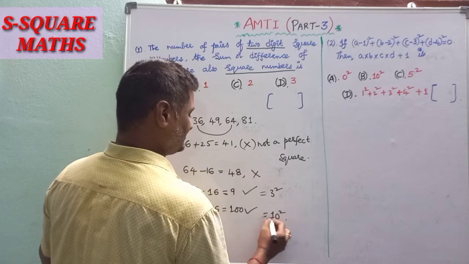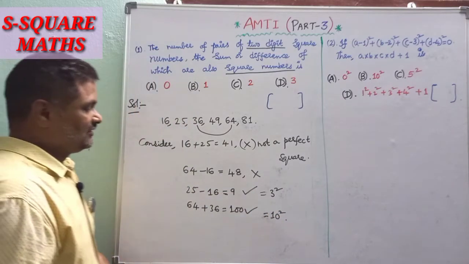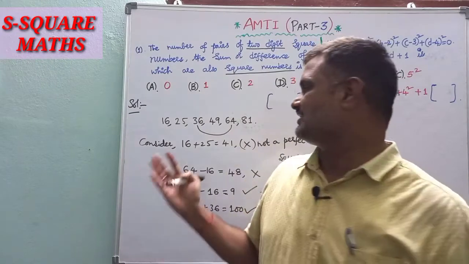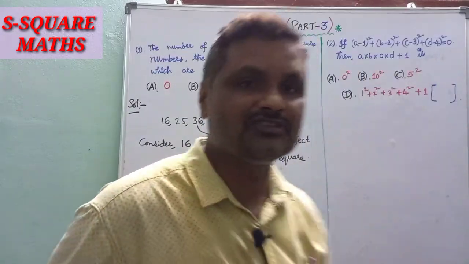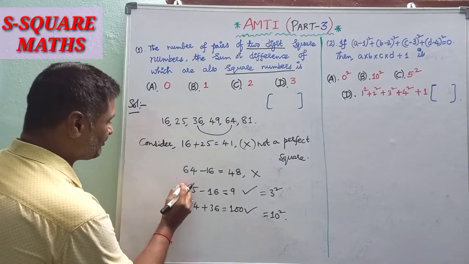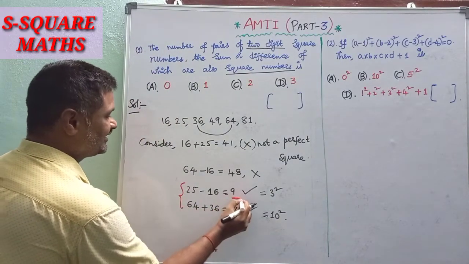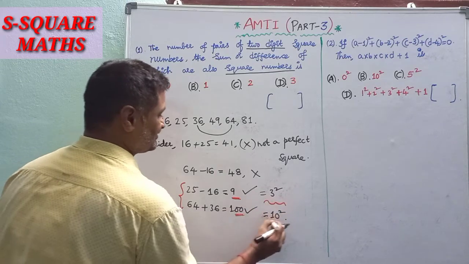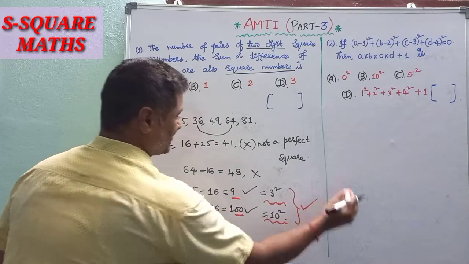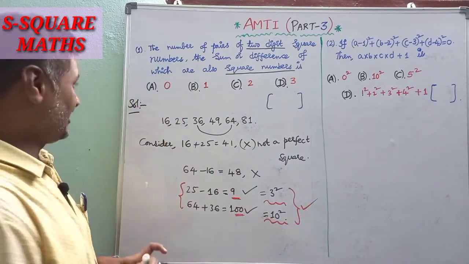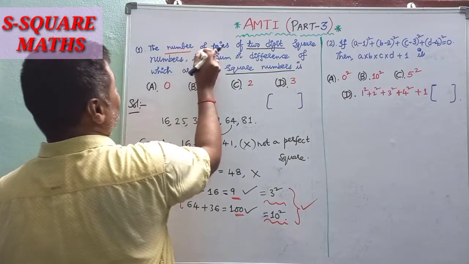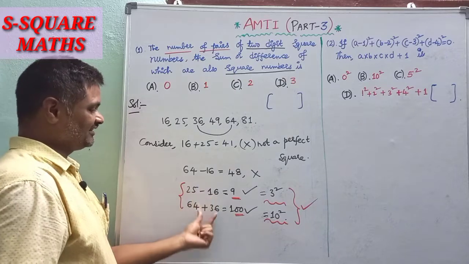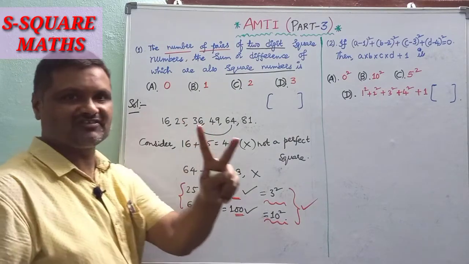If you go on to consider all the various different combinations, you will observe only these two combinations are again perfect squares. But our MCQ options are about the number of pairs. How many pairs? So this is one pair and this is the second pair. So two pairs will exist.